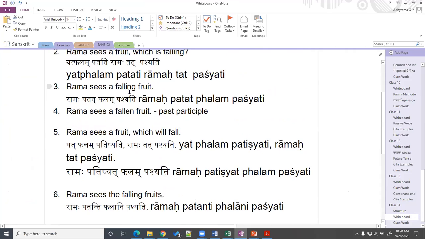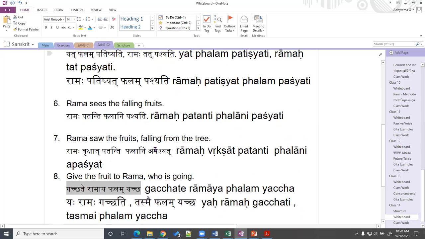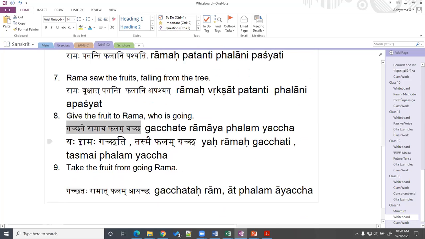In some cases, it makes a one-to-one matching very easily. In some cases, the one-to-one matching is not very clear, or it's not elegant at all. So like this one, give the fruit to Rama who is going. So if I say Yah Rama gacchati tasmai phalam yacha, even though this sentence can be made and it's grammatically correct, there's a slight problem there.